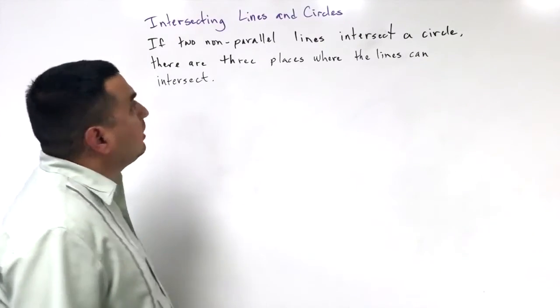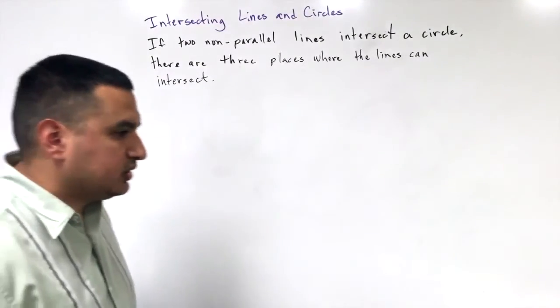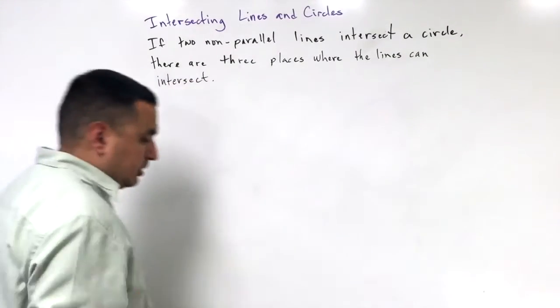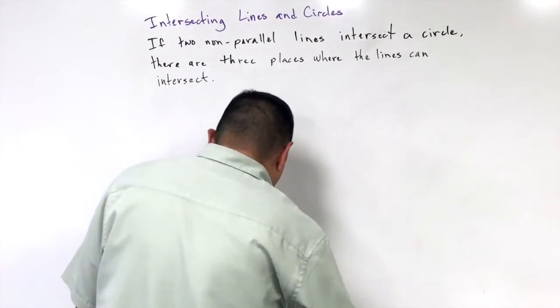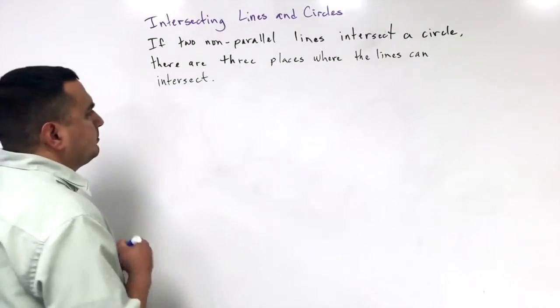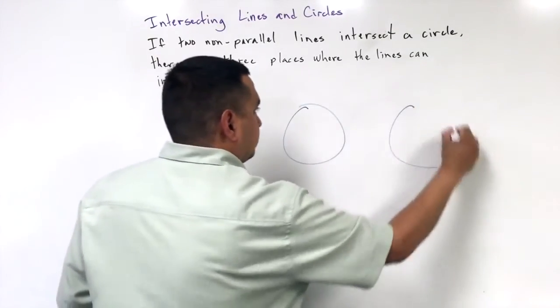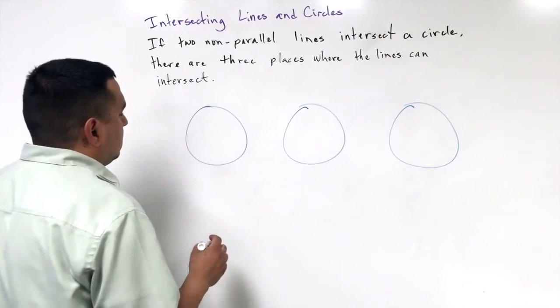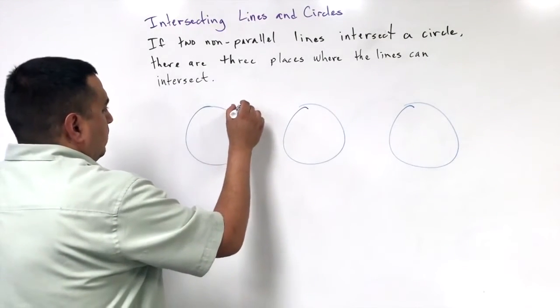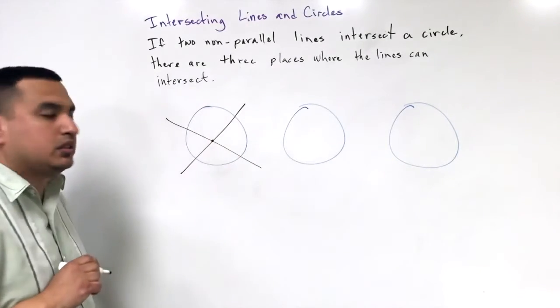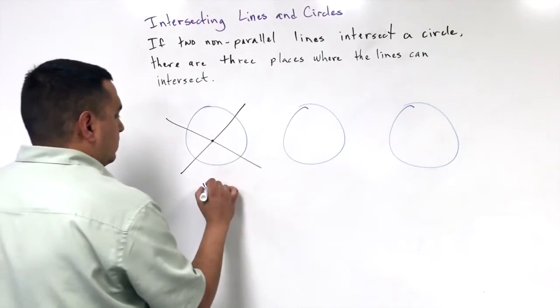All right, let's look now at what happens when two lines intersect a circle. Now we have to assume that they're not parallel, because obviously if they were parallel they would not intersect. So let's draw some circles here. One way they can cross is if they cross inside the circle.